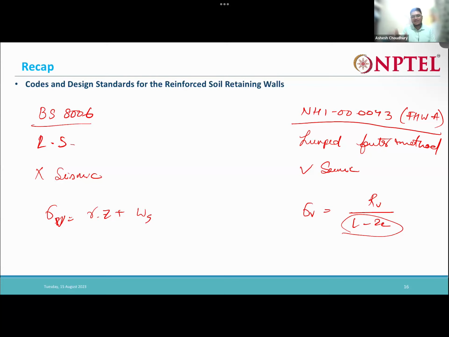Whatever Indian codes we are studying, like IS 456 and all those things, most of these codes were initially adapted from British codes only. So I think BS 8006 and IRC SP 102 should be quite similar. I'm not sure, so please check that once.